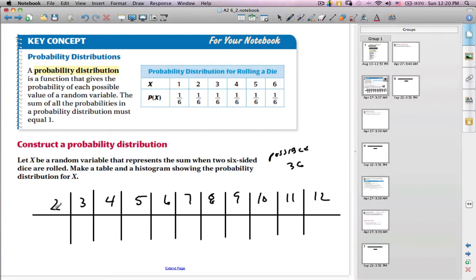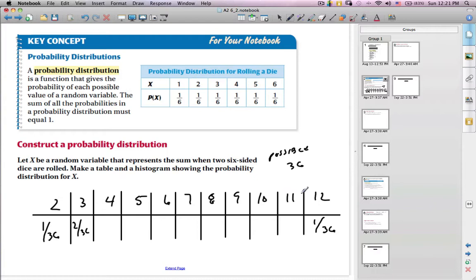And a 1 and a 1 will give me a 2. That's a chance of 1 in 36. And a 6 and a 6 will give me 12. That also is 1 in 36. Now when you're talking about a 3, the first die could come up 1 and the second one could come up 2. Or the first one could come up 2 and the second one could come up 1. So there are 2 in 36 here. And that's the same over here for 11.